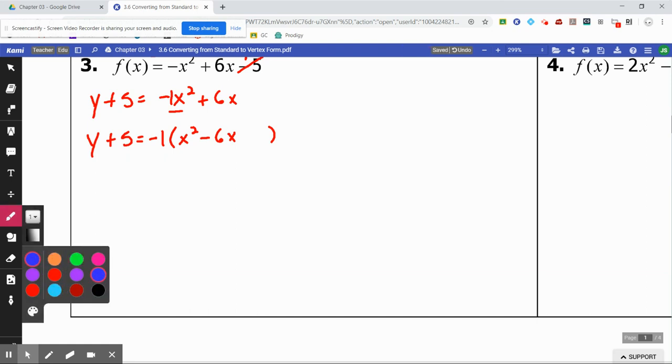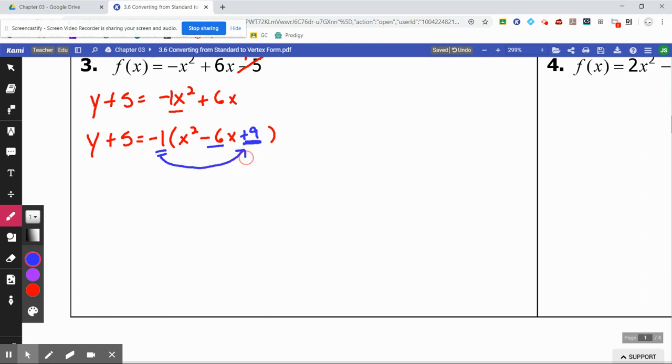Now we're going to complete the square, the stuff inside of parentheses. How do I do that? You take half of negative 6 and you square it, and you get a positive 9. Now, this is the tricky part. On the right side, yes, you added 9 inside of parentheses, but what did you add to the whole side? Look, there's a -1 on the outside.